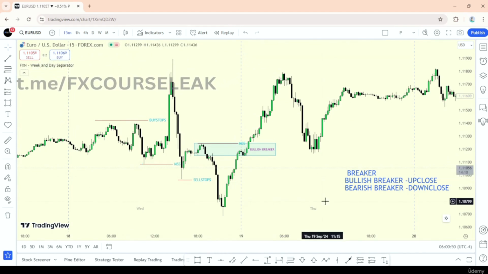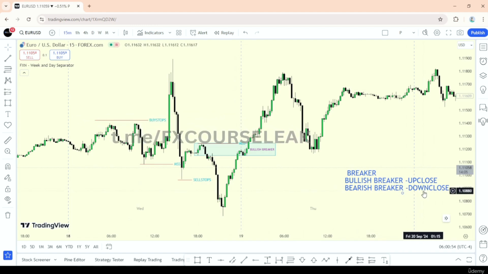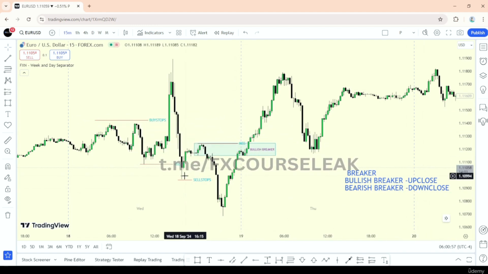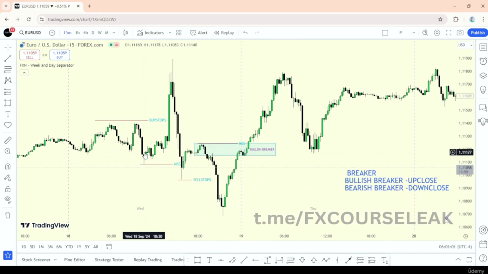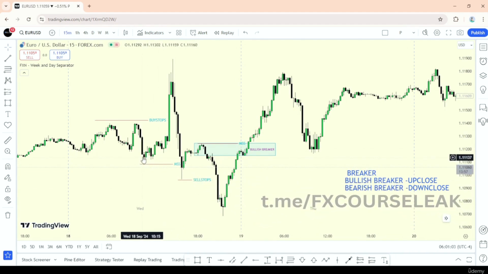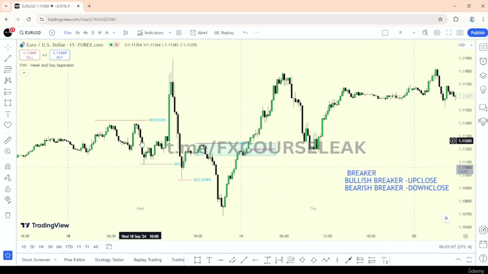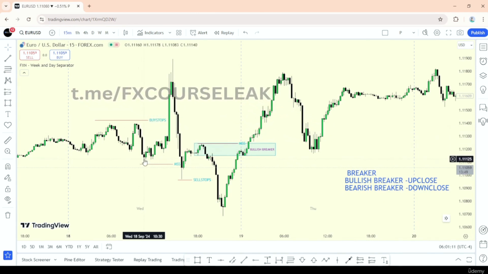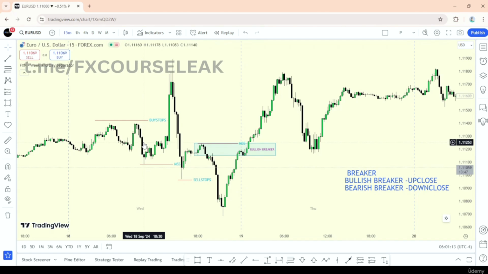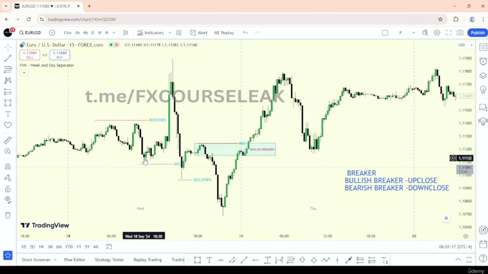So what I'm saying about a bearish breaker is that it's the down close candle before the down move. The bearish breaker here, the down close candle, is this. When we have multiple consecutive down close candles following one another, we have to outline those consecutive candles.